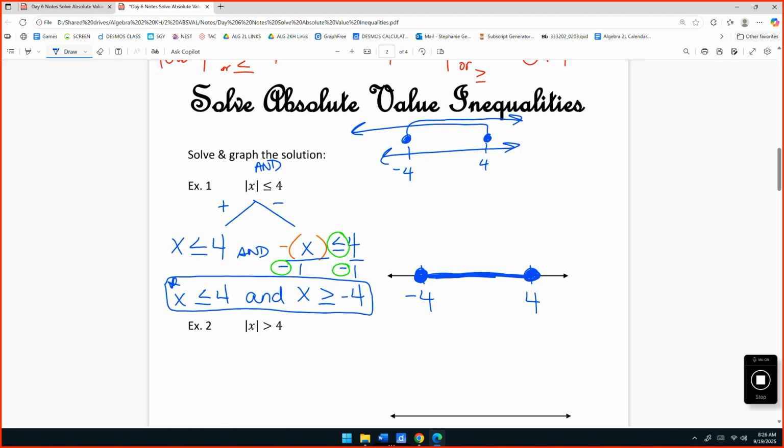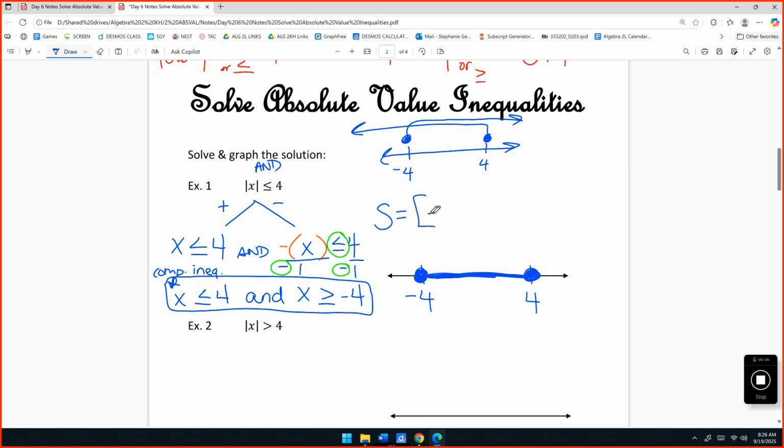Now I have to state the solution, right? Because this is a compound inequality, but it's not the solution set. My solution set, we state that either in set builder or interval notation. And I'm going to give both. Remember, I'm always going to do both, but when you give it back to me, you just do one.